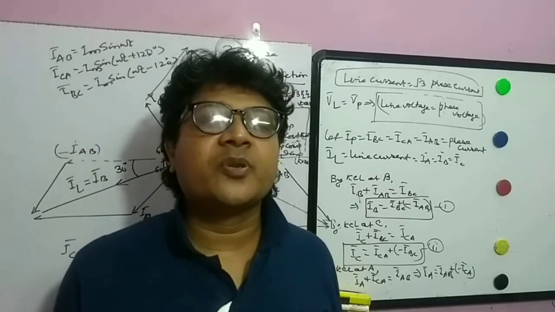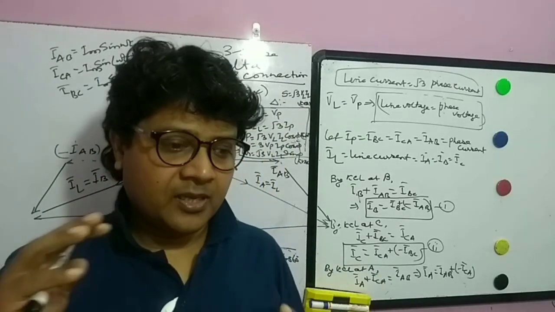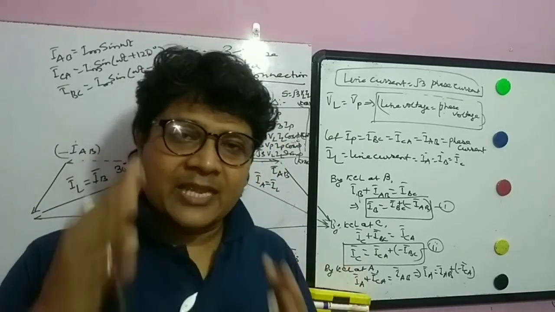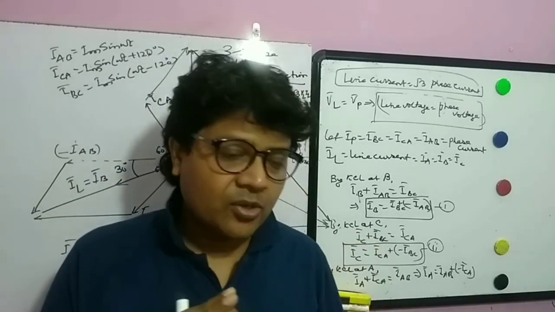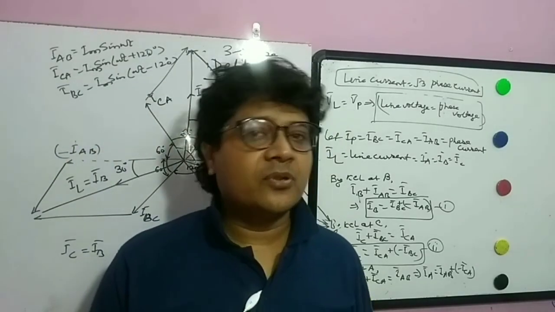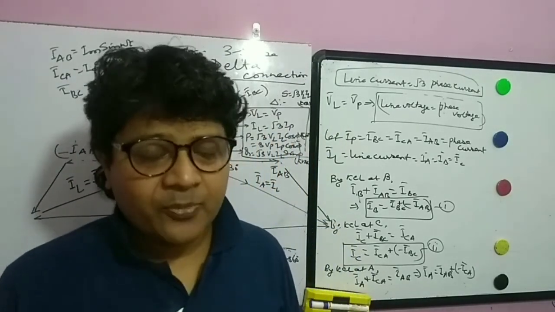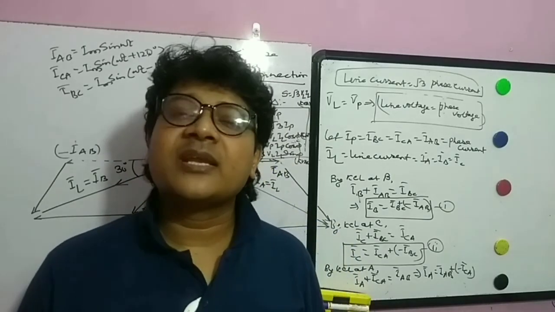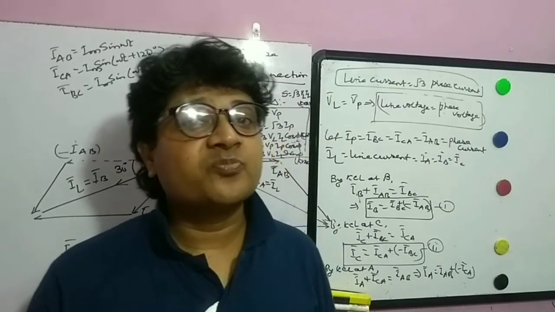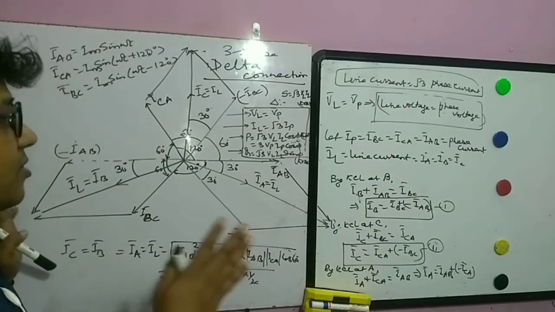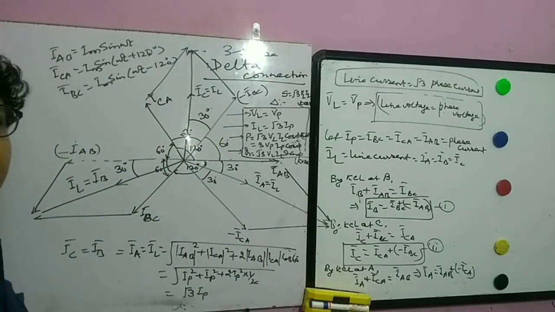With the help of 2 wattmeters you can get power of 3 phase supply for lagging power factor load, leading power factor load, or unity power factor load. So for any type of load, with the help of 2 wattmeters we can measure the 3 phase power, right? So that will be our next topic. So that's all about delta connection.